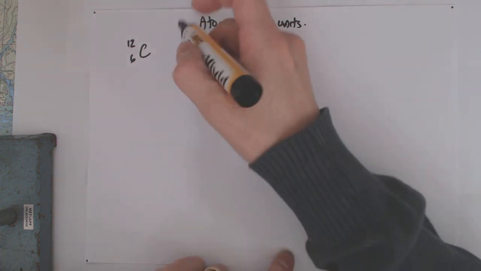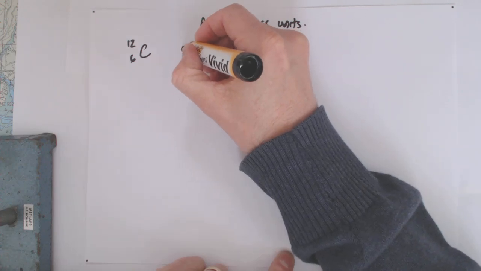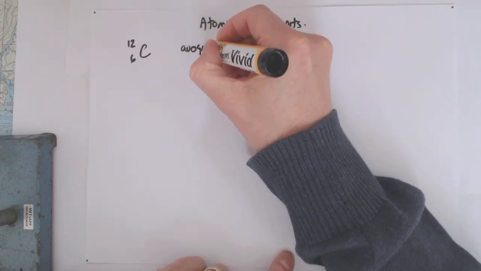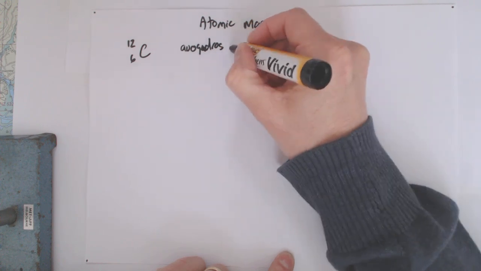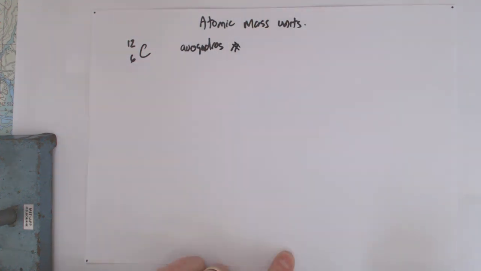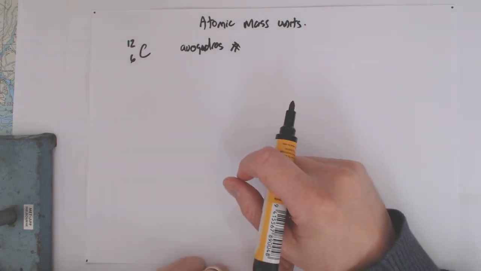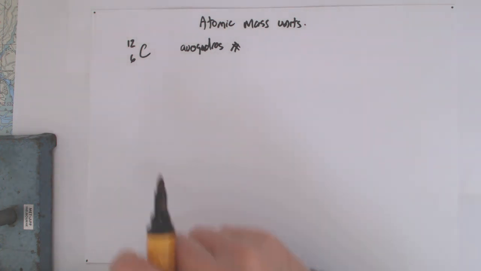And I think you probably know with Avogadro's number that if you've got Avogadro's number of atoms, then you'll get that atomic mass. So Avogadro number of carbon-12s will give you the 12 grams.